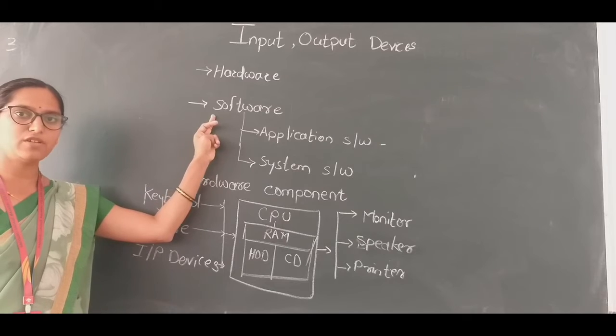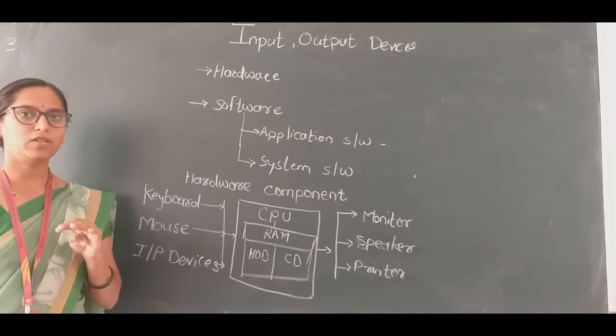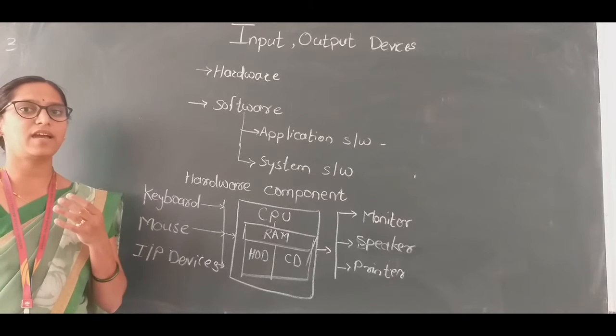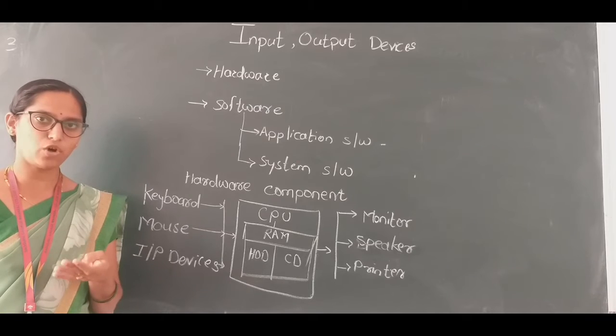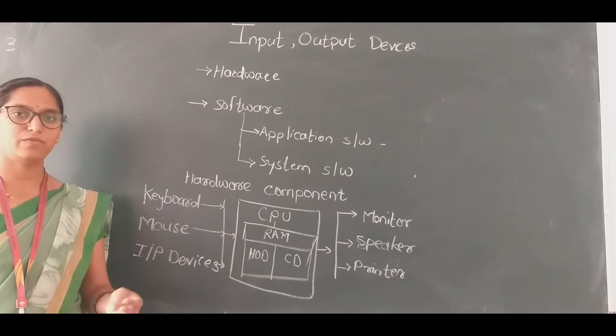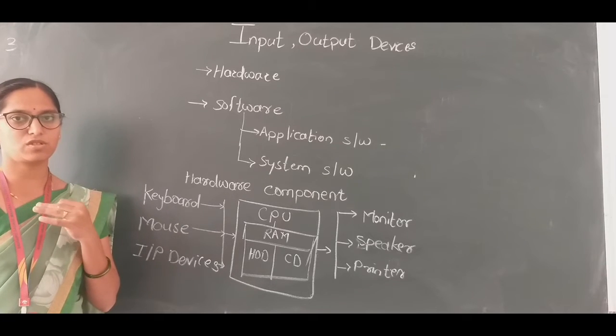Software. What is software? Software is a set of instructions or a set of programs. On the basis of those software applications, the user can give different operations to the machine. Some software is made for the machine, and some software is made for the users. Why?